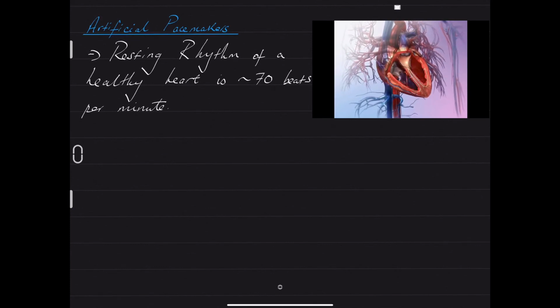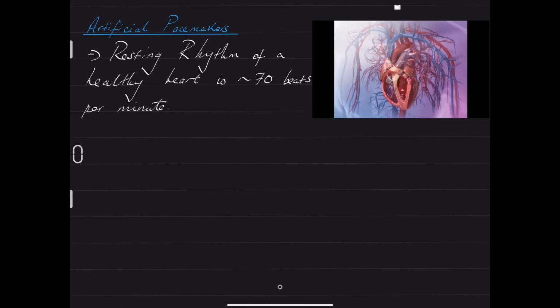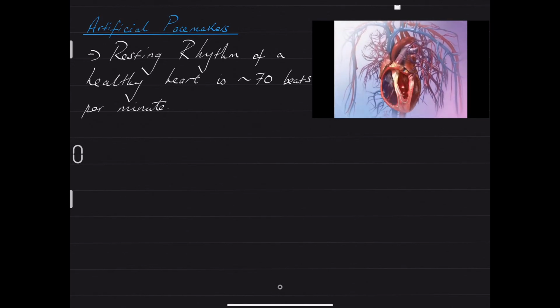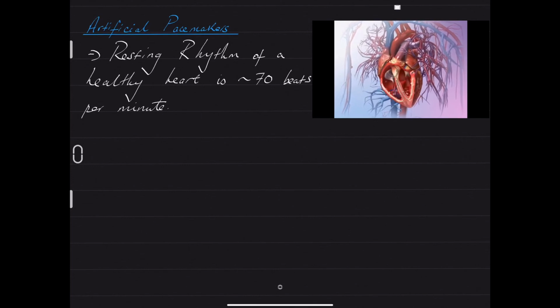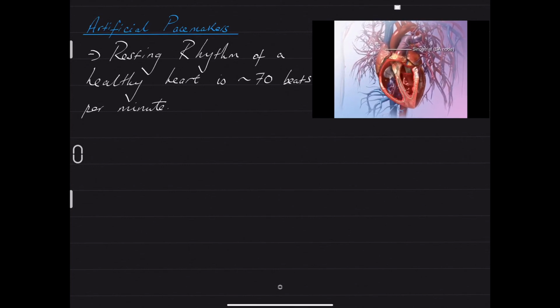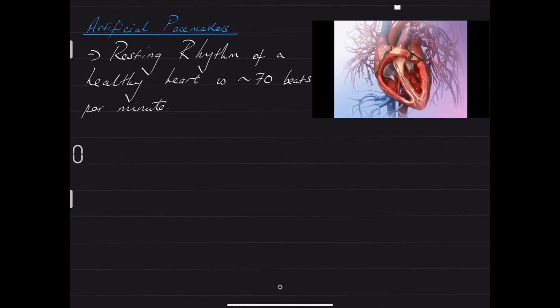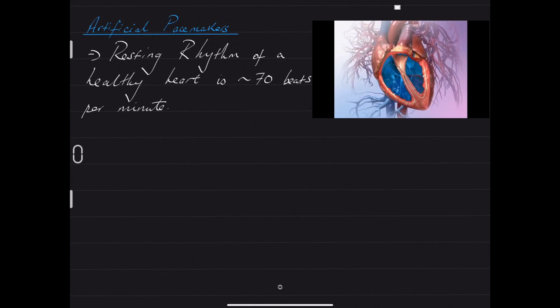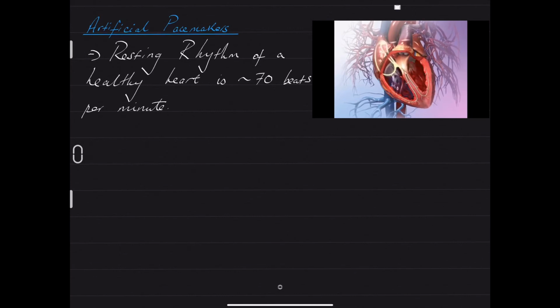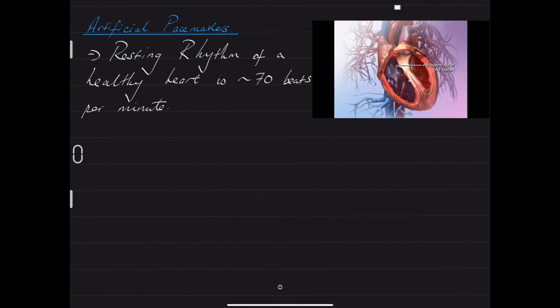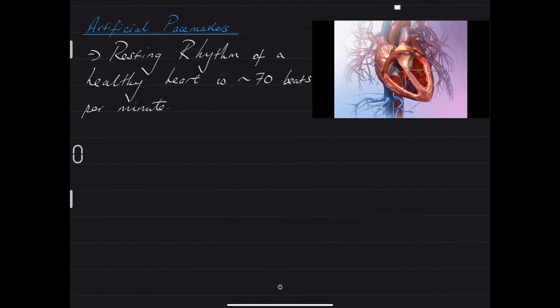Okay, so that's the resting rhythm of a healthy heart. Now, this rhythm of the heart is controlled by a group of cells found in the right atrium of your heart. And as we looked at in the simulation, it was called the sinoatrial node. Now, you need to know of the location of where the natural pacemaker is originating from.